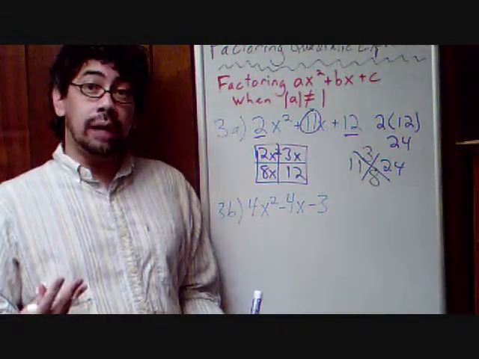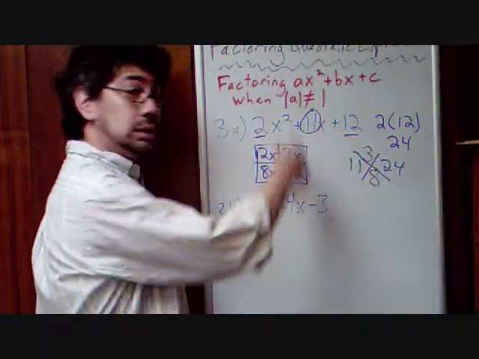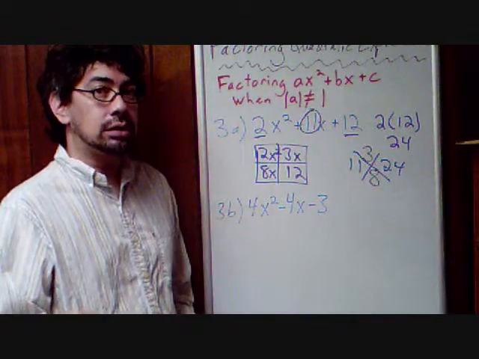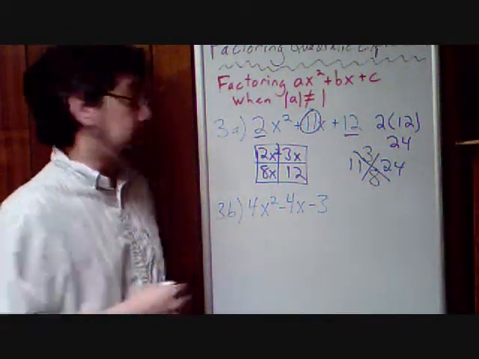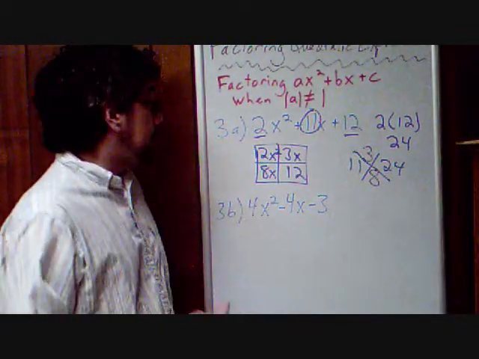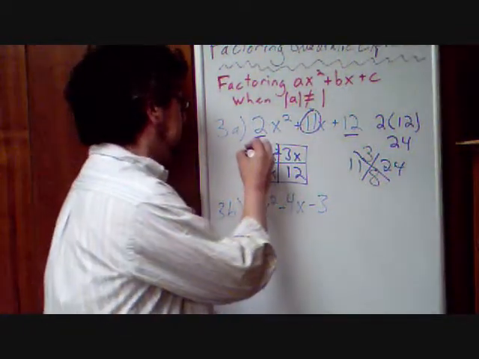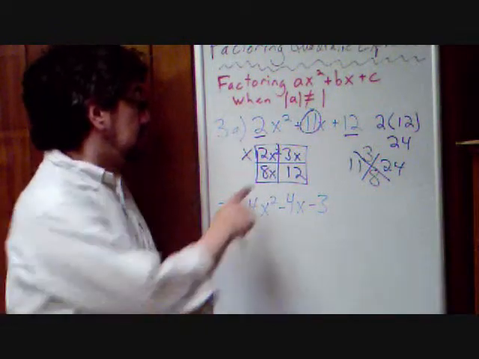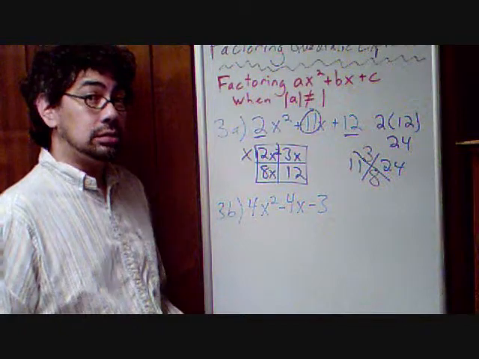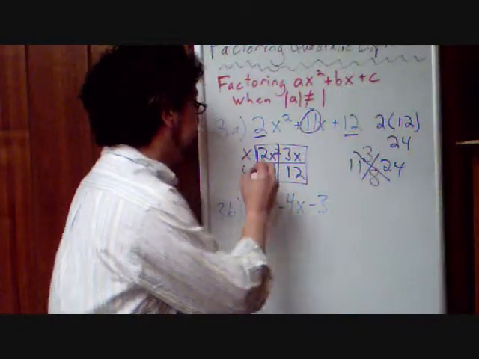Now I look at my box in columns and rows. And I'm looking for the greatest common factor, the biggest factor that is in both of them. So 2x squared and 3x, the common factor is x. 8x and 12, the greatest common factor is 4.